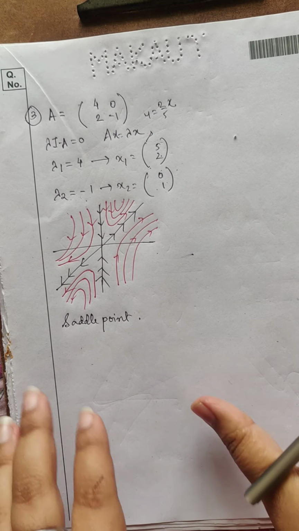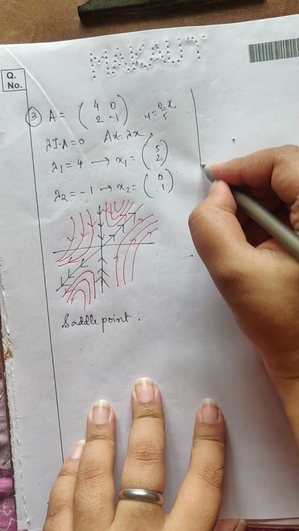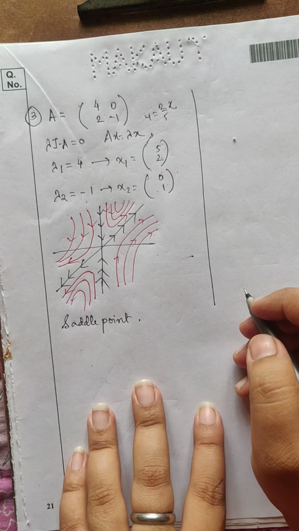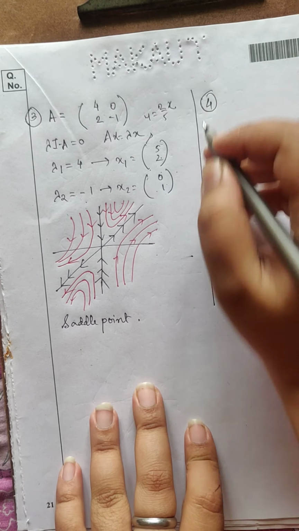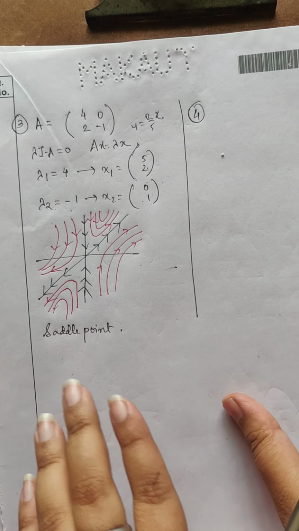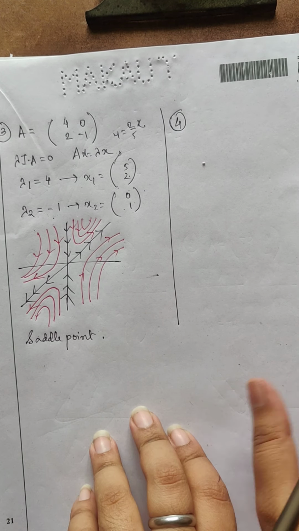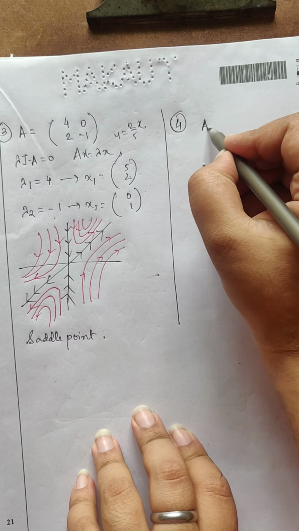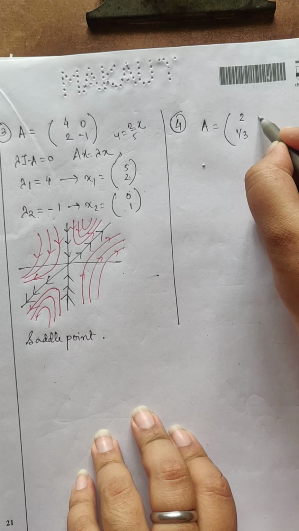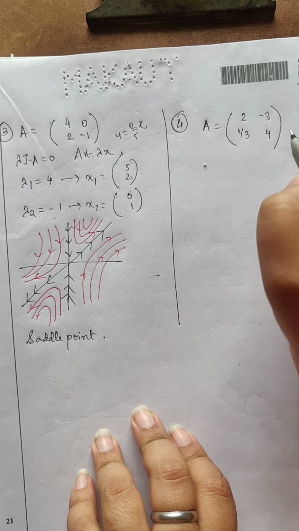The next category will be when I use a repeated positive eigenvalue. This is my repeated positive eigenvalue. Suppose I consider a system matrix A equals 2, 1 by 3, minus 3 and 4.